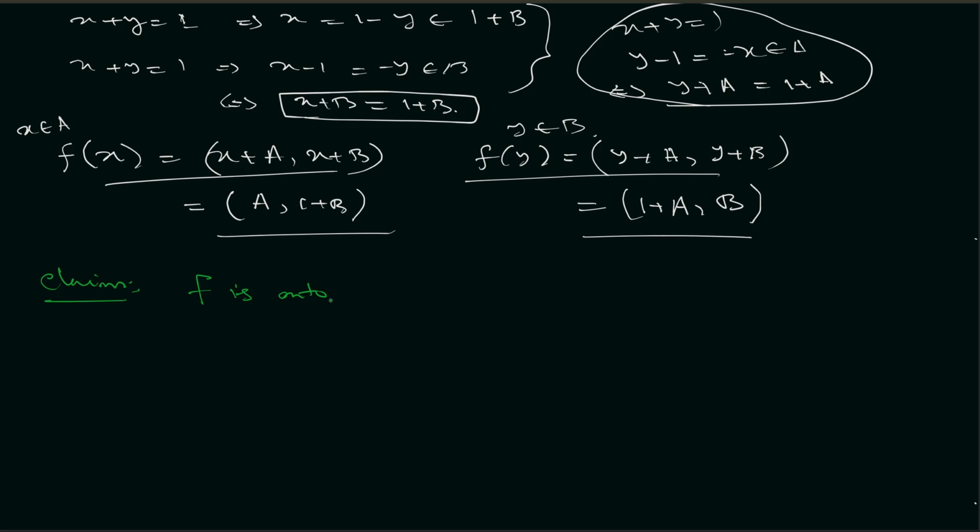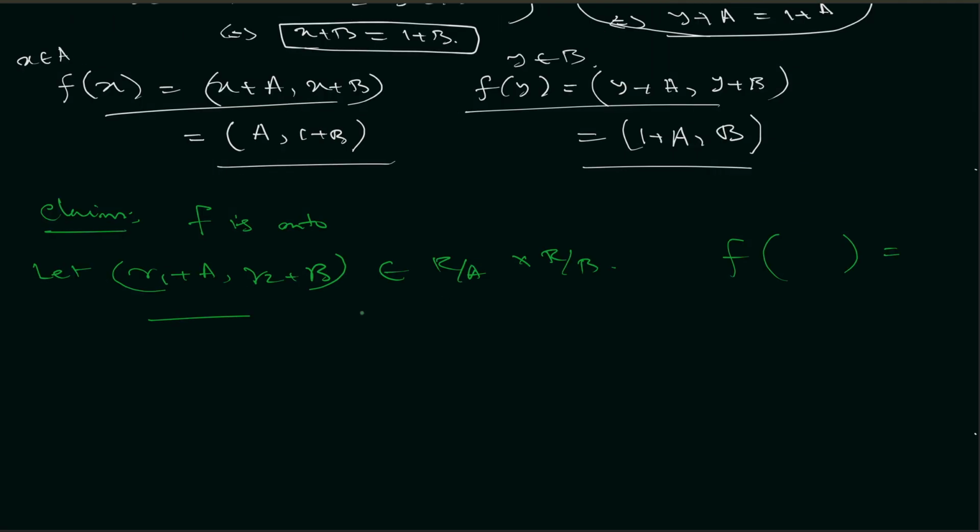Suppose you have taken an arbitrary element (r1 + a, r2 + b) in R/A × R/B, the quotient ring. So I want a pre-image of this, that means I want some f of something that gives you this.